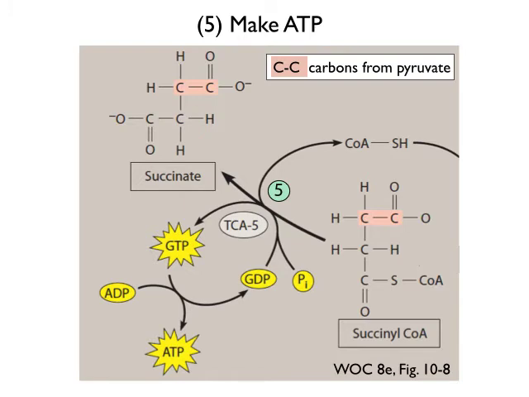Now in the process we can generate a molecule which is similar to ATP called GTP. And then there's a second reaction that takes the phosphate from GTP and transfers that phosphate onto an ADP molecule to ultimately generate a molecule of ATP at the lower left in this diagram.